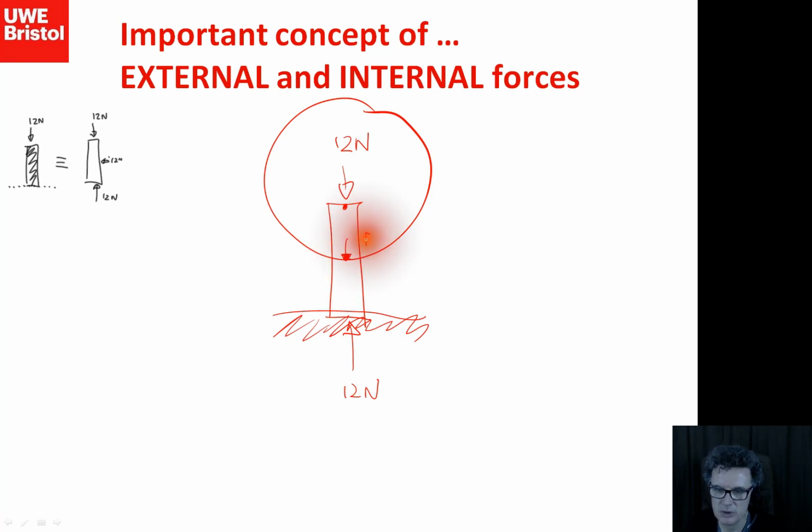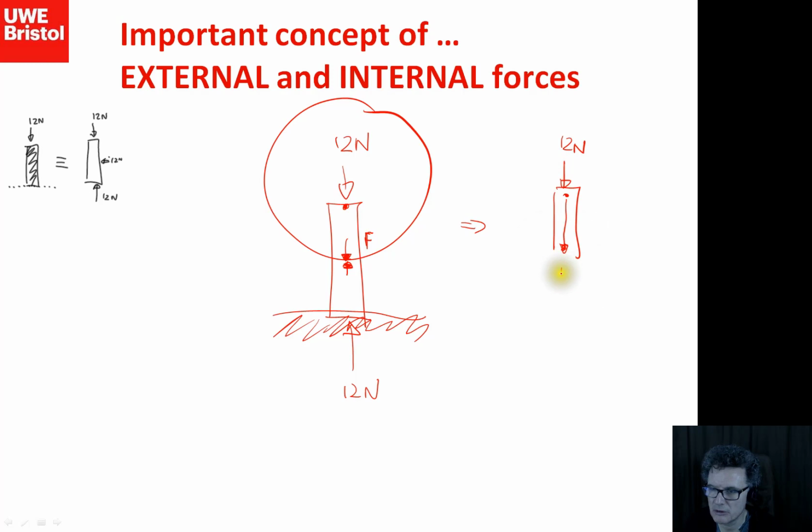So I'm going to imagine that there's some force inside my bar. Let's call this force compressive force F, which is going wherever I make that cut, there will be these forces equal and opposite all the way through the bar. And now we're going to take this away and imagine that we can solve this as a free body diagram problem. So we've got this 12 newtons pushing in this direction, by definition, I don't really know which way to point it, I will have my force pointing away from this joint.